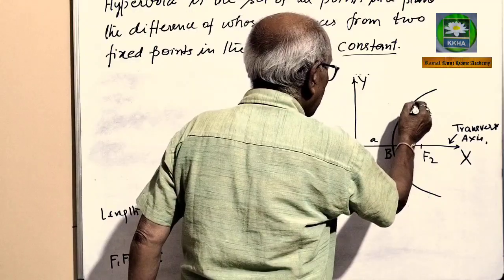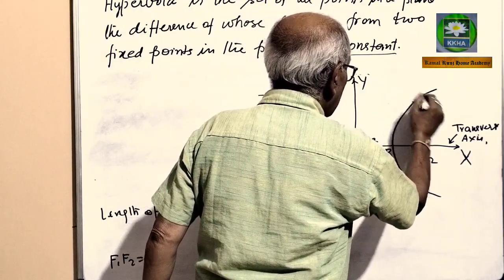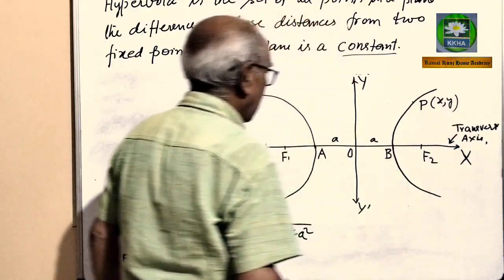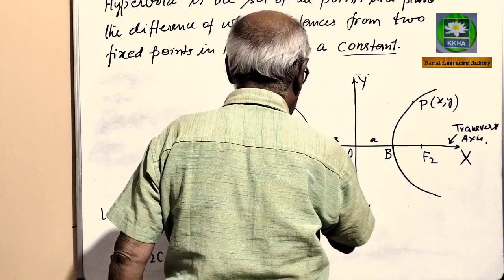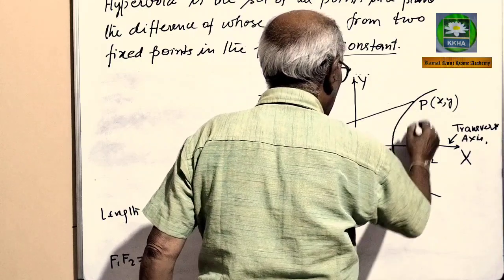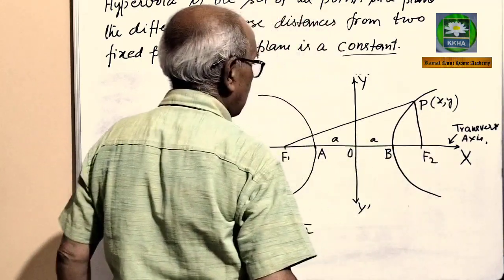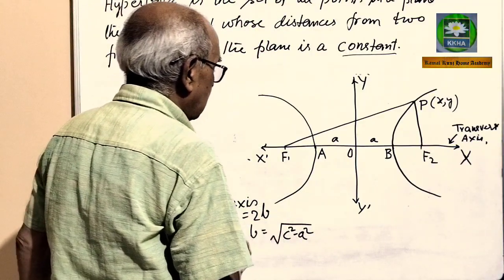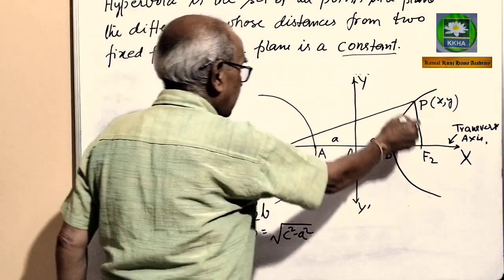Suppose an arbitrary point P(x, y) on the hyperbola. So this constant is the difference between PF1 and PF2.